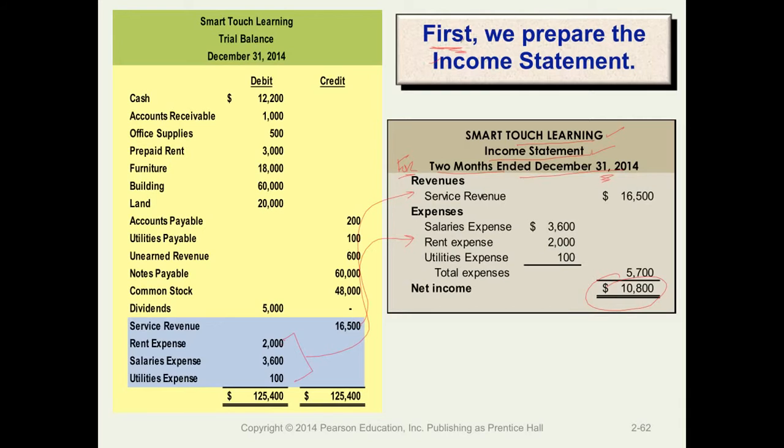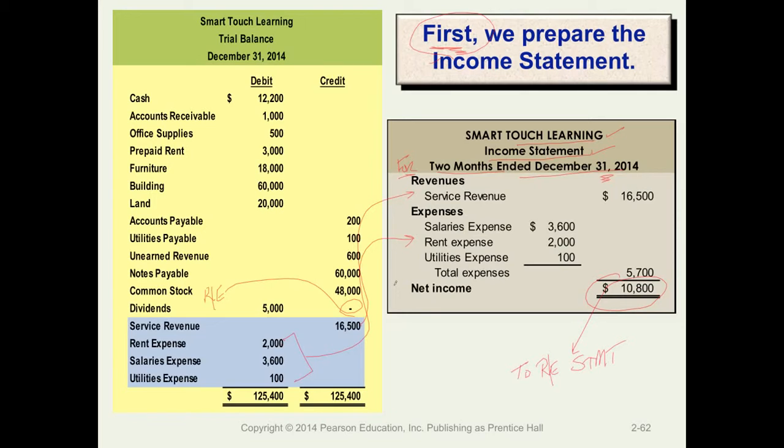Now remember, we have to record this in the income statement first because we need this information, because it has to go to the statement of retained earnings. Remember, and again, there's no retained earnings here because we just started our business, so we have to move this to the statement of retained earnings.